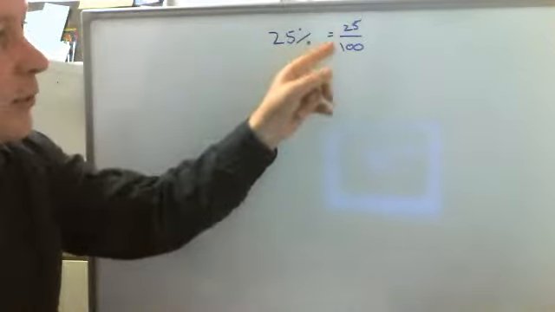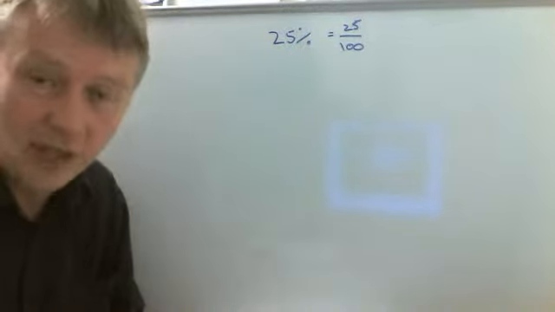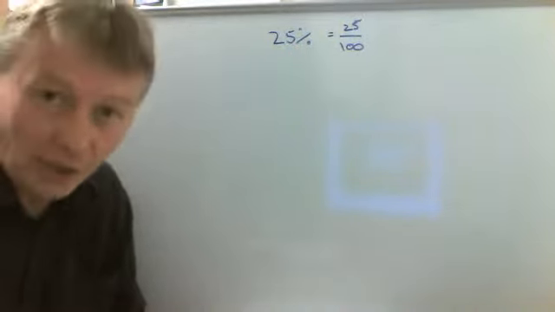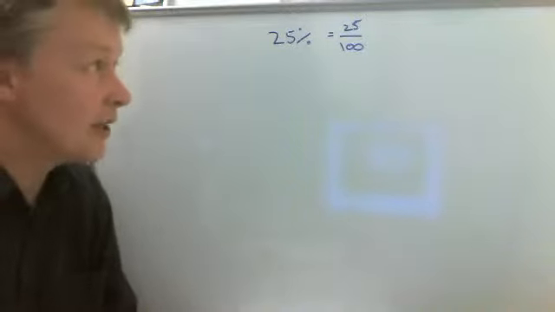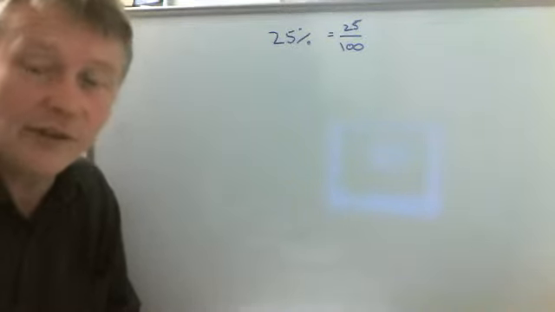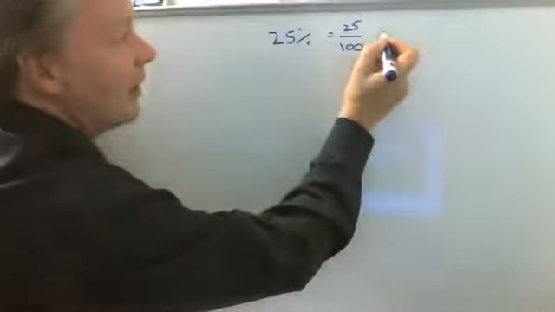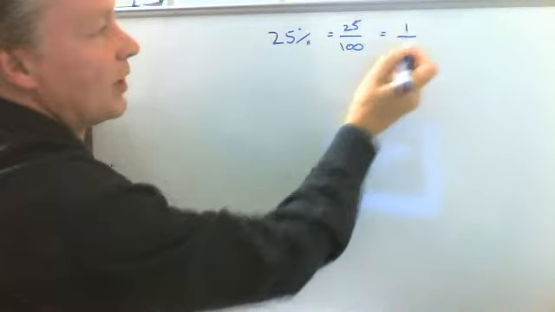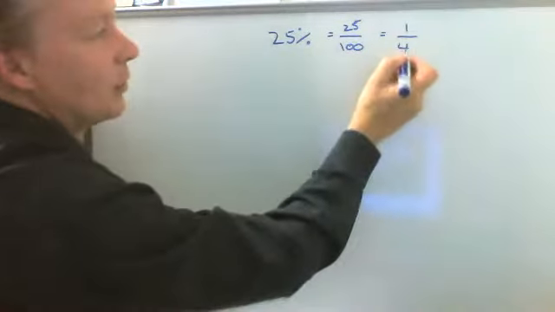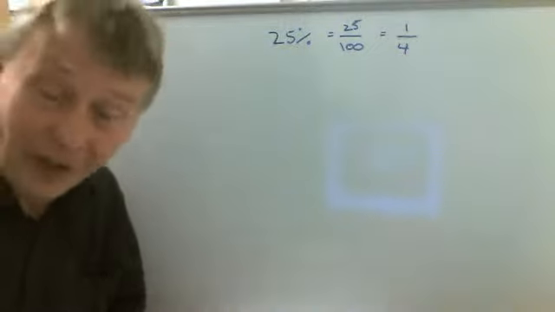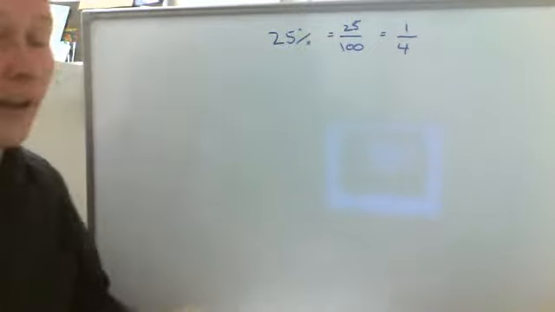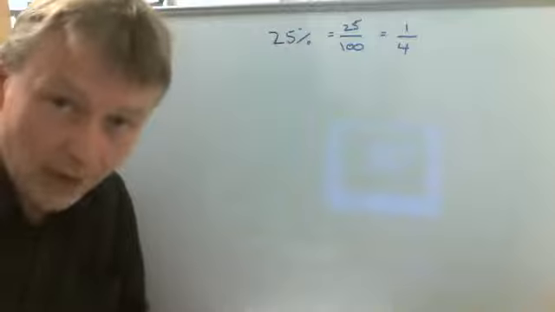So I have here 25 over 100, and I'm going to reduce the top and the bottom by 25. I'm going to divide 25 into the top, which will give me 1, and 25 into the bottom, which will give me 4. So the fraction equivalent of 25% is 1/4.